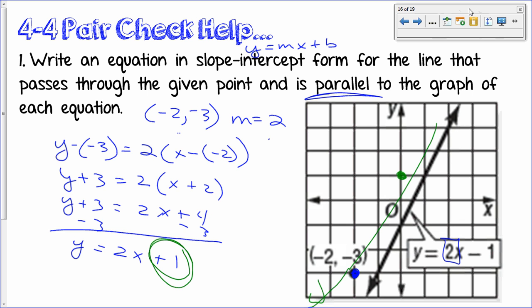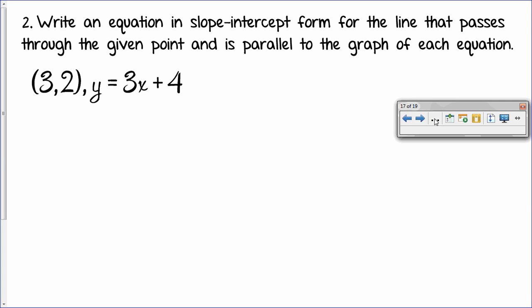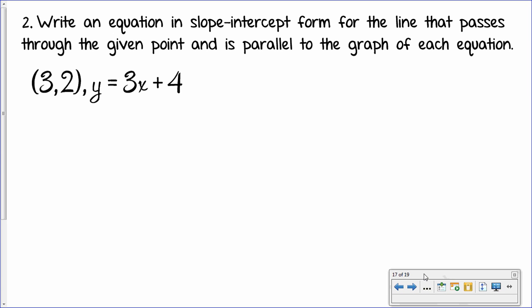Hold on, so you guys did that, right? Everybody good there? About this one. Alright, the equation's slope is parallel. So the slope is what? 3.